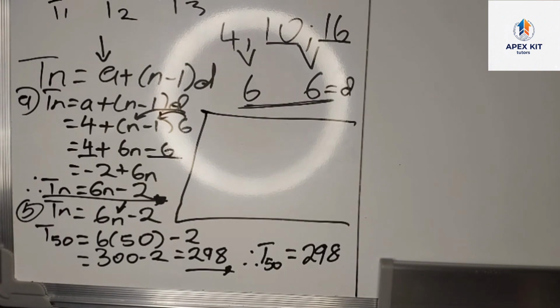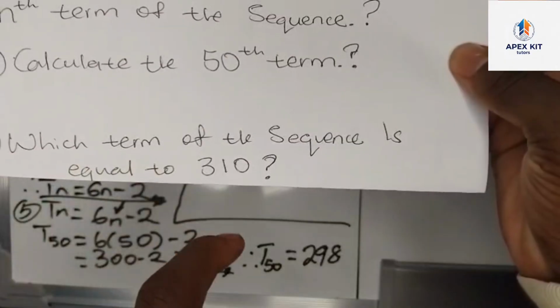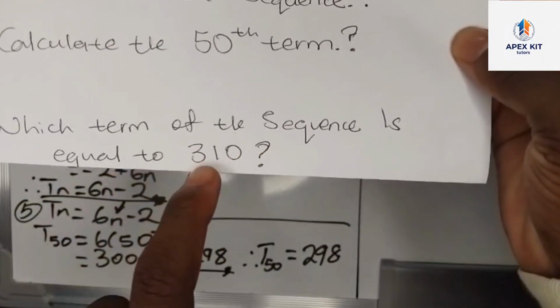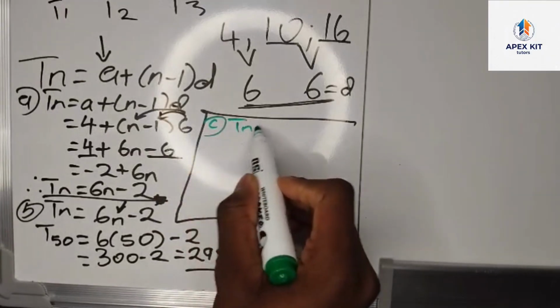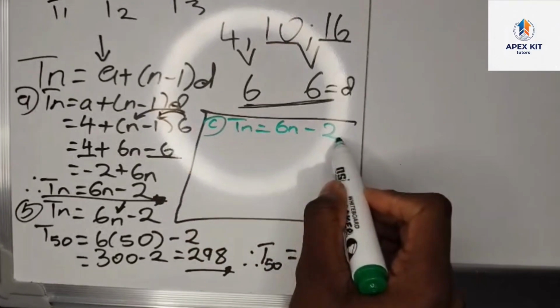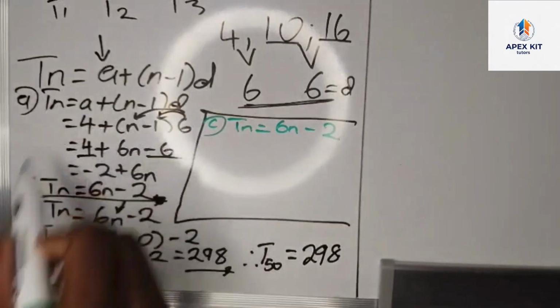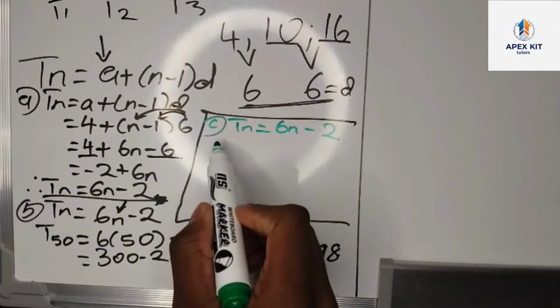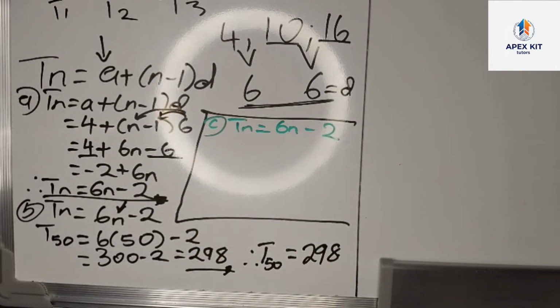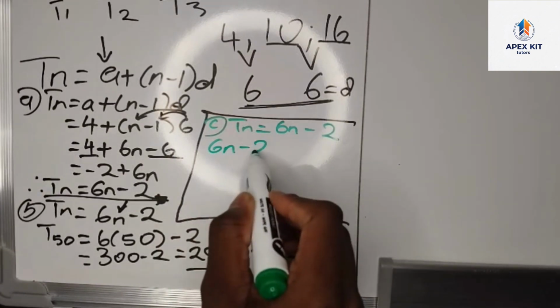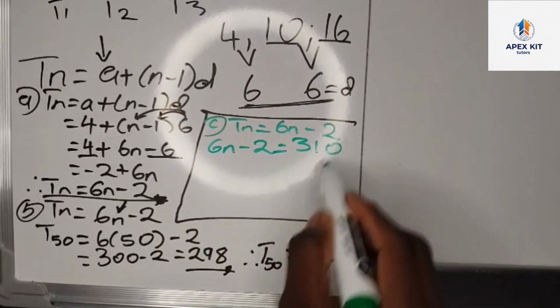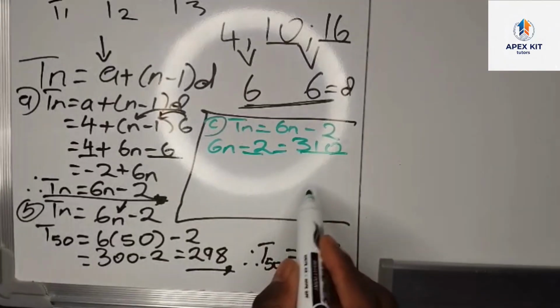Now we calculate the last question, which said we need to determine which term of the sequence is equal to 310. We write Tn equals 6n minus 2, that's the general term we got. In the place of Tn, we write 310, so 6n minus 2 equals 310.